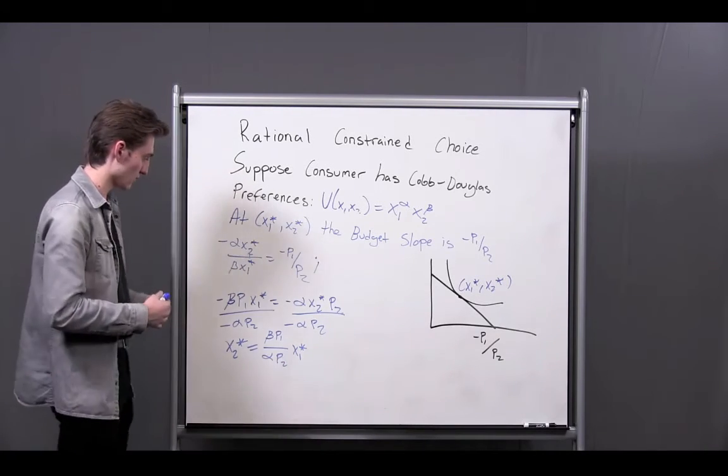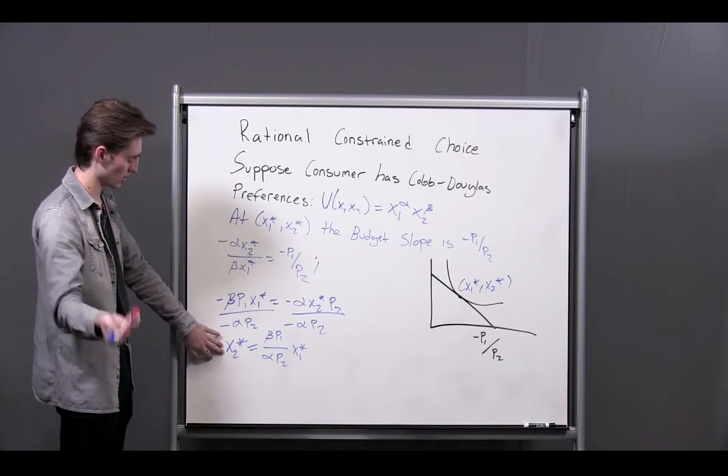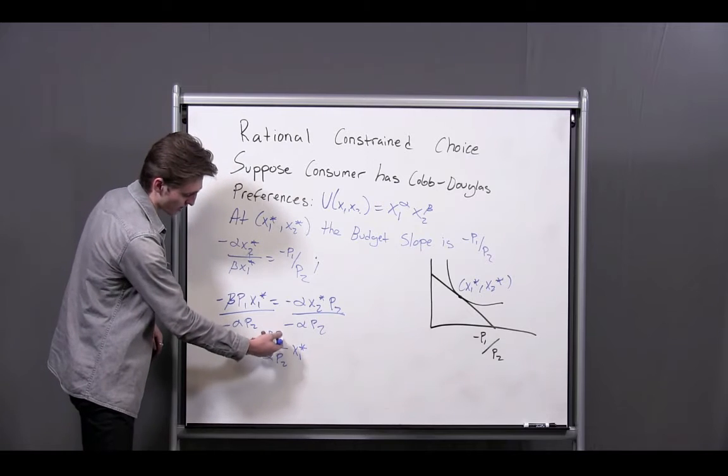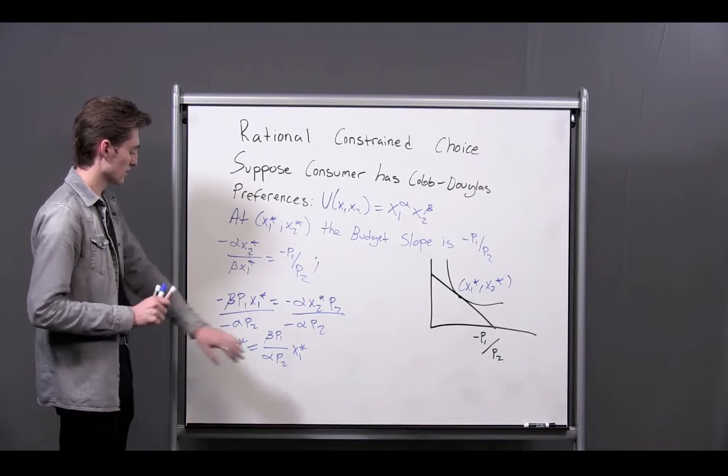What I did here was isolate one of the X's so that we can have one of the optimal solutions in terms of our scalars, beta and alpha, our price ratio, P1 and P2, times the second optimal solution.